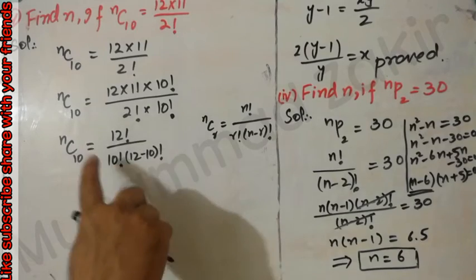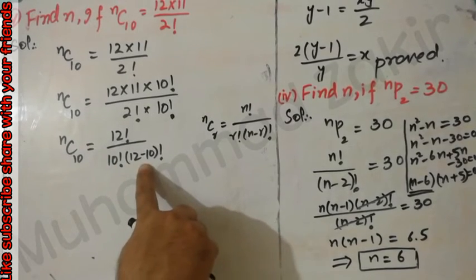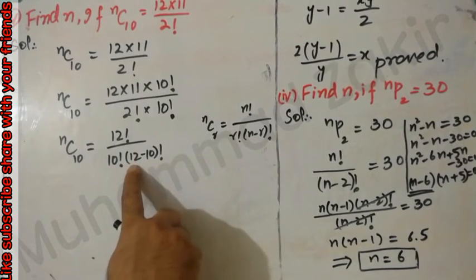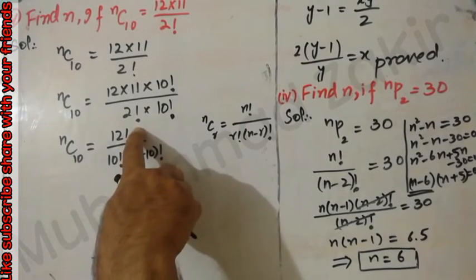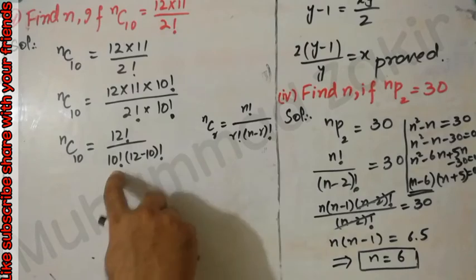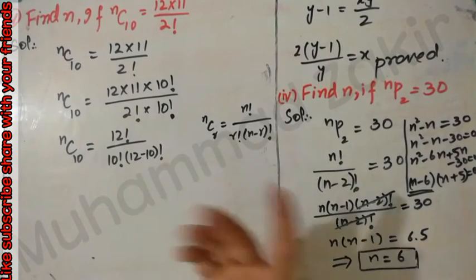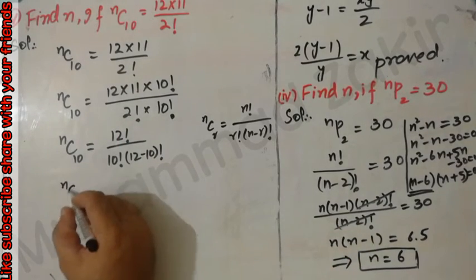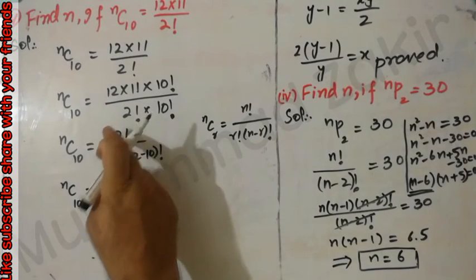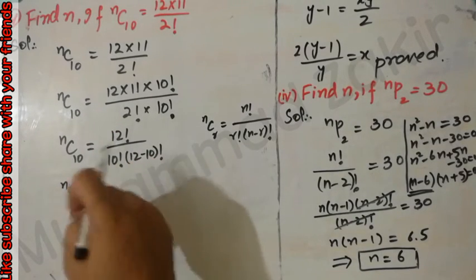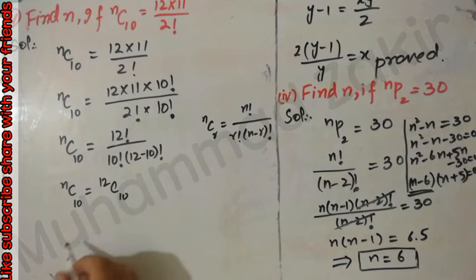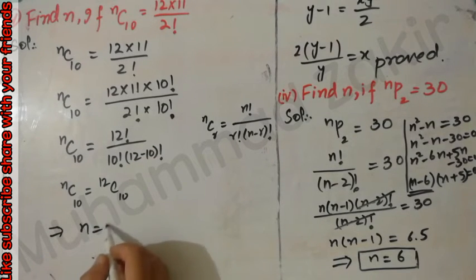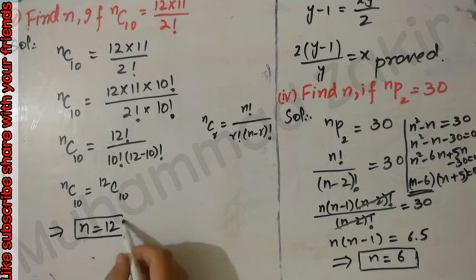This is n factorial, r factorial, and there must be the difference of n and r according to the formula, which gives 2 factorial. 12 factorial numerator, 10 factorial this one, 2 factorial this one. So obviously, now this is nC10, n factorial over r factorial times n minus r factorial. It can also be written in nCr form. n is 12, r is 10. From here we conclude that n is equal to 12. This is very much obvious, and this is the answer.